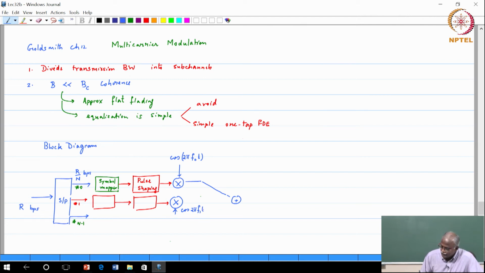That is my second carrier, and the last one will be cosine 2 pi f n minus 1 t, with dot dot dot in between.